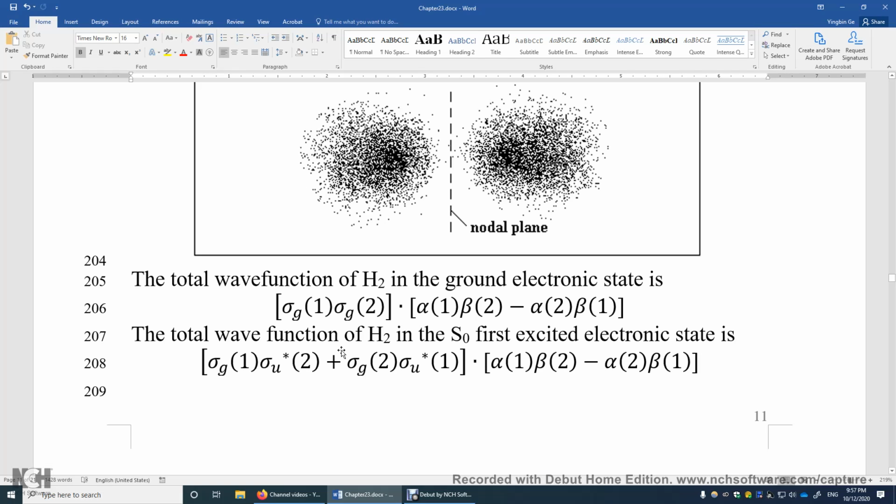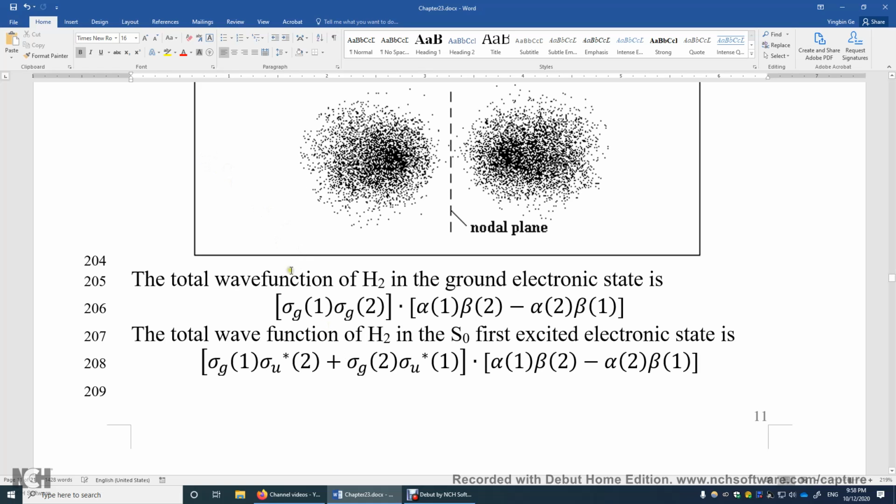Now let me give you the total wave function of this neutral H2 molecule in the ground electronic state. Quantum mechanical postulate 6 tells us it has to be antisymmetric. So I'm going to write this total wave function as the product of the spatial function and the spin function.